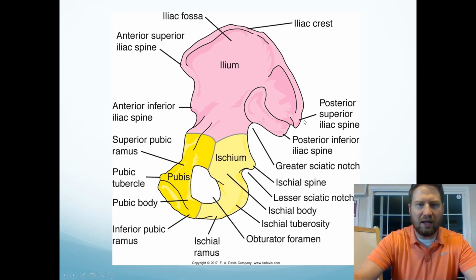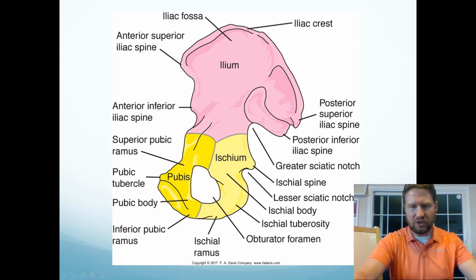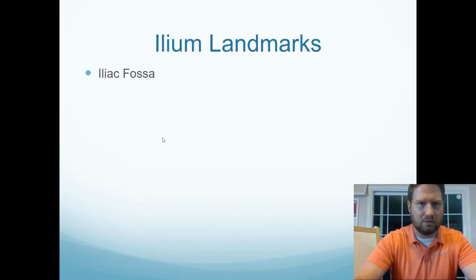You have your ASIS, AIIS, and your ischial tuberosity down here at the bottom. That's our sit bone. You have your pubic tubercle, and this is where your pubic symphysis would be. We're going to go through this and hit these again for the sake of completion.